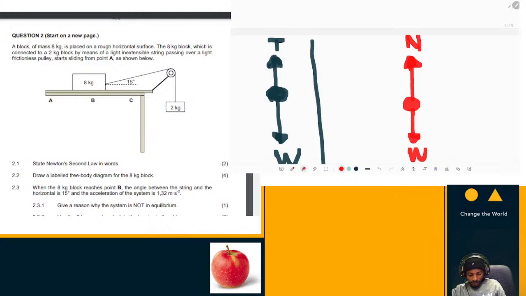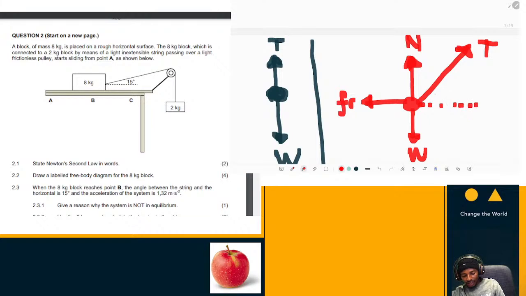Because this object is resting on a rough surface, we'll have a frictional force in the left direction. Finally, we have a tension applied at an angle with the horizontal. Let's say that angle is theta. Let me change the font so that I can draw my angle neatly. All right, we have that.